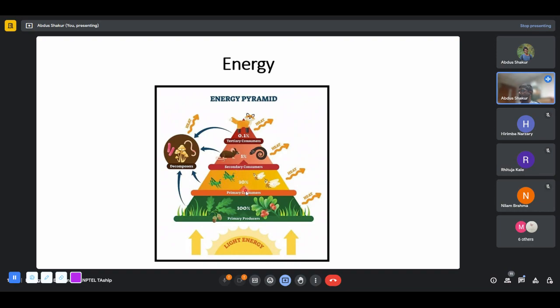Similarly, as this goes on along the pyramid, the amount of energy available for the next trophic level keeps decreasing, by a factor of around 10%. So if you have 100 joules of energy here, the next trophic level can get only 10 joules of energy, and the one after that will get just 1 joule, and so on.